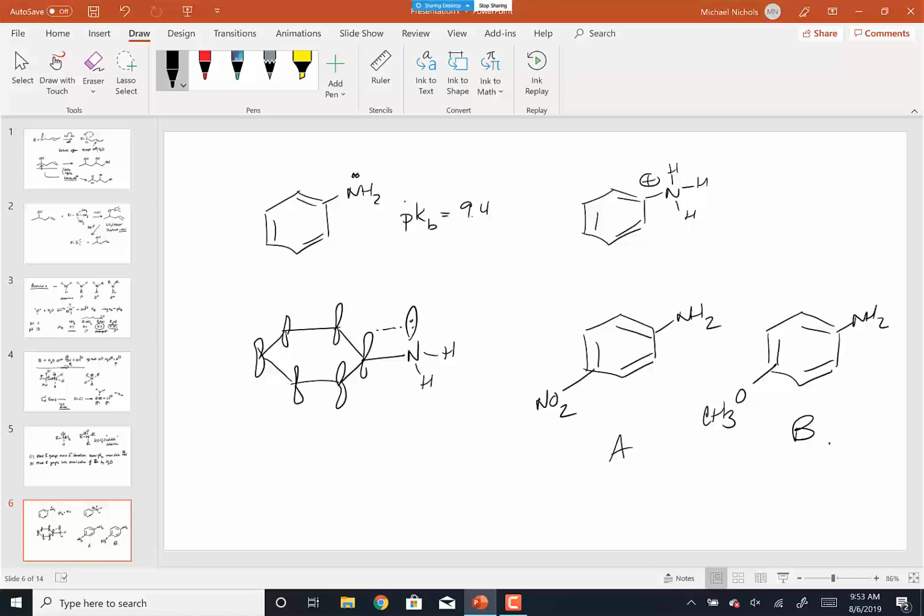Who's the stronger base, A or B? Take a guess.